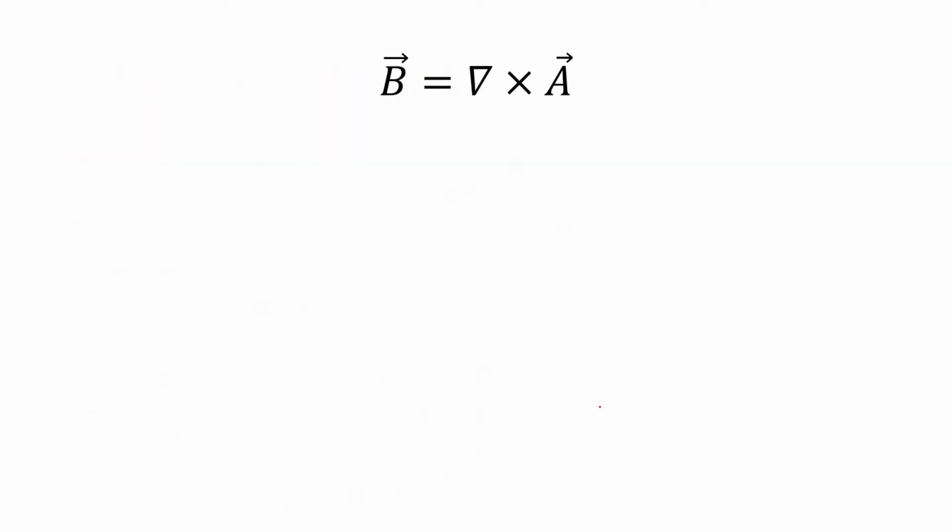Thus, some discussion on vector magnetic potential: I have told you that B bar can always be written as curl of a vector field. But this vector field is not unique, because we have already seen that curl of gradient of a scalar field is equal to 0.